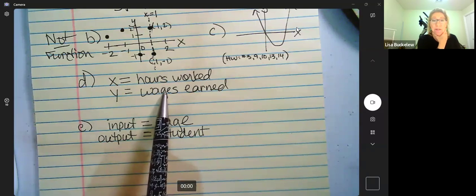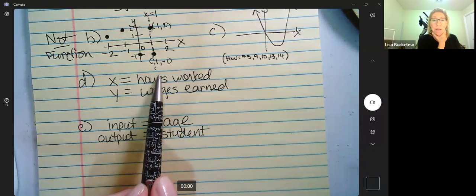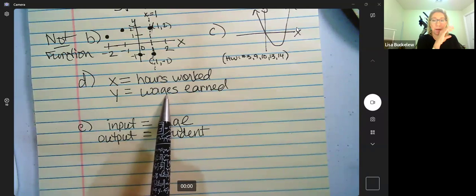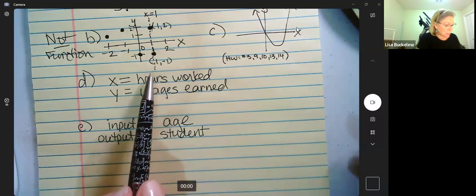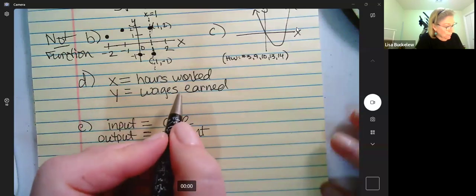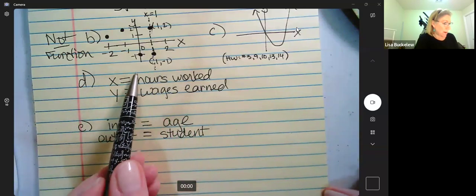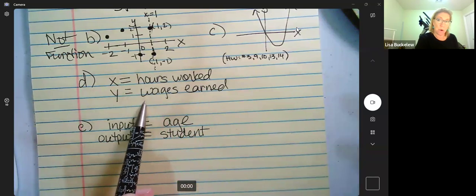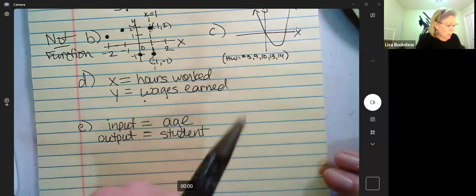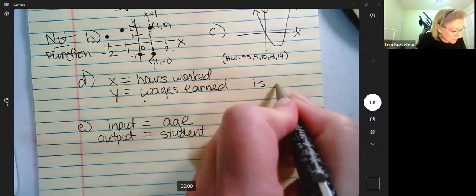And the answer is yes. You would just take that and multiply it by the hourly wage. So if I knew a particular number of hours, I would be able to determine the unique value for the wages that were earned. Okay, so since this does fit that definition, if I know an x value, I know specifically only one y value that can answer the question, then it also is a function.